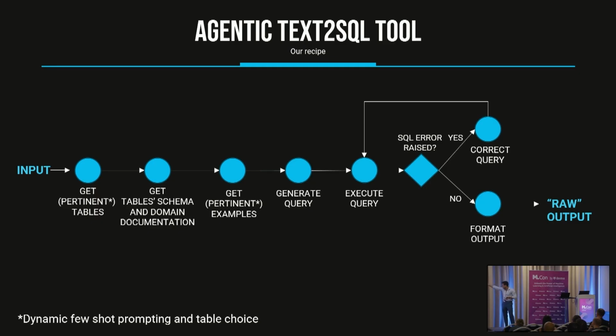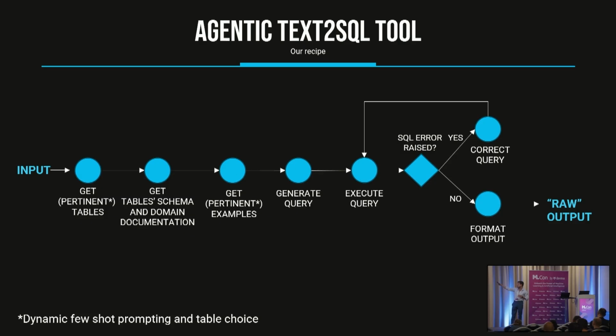And then we ask the model to generate the query. We try to execute the query, of course, low level, no write permissions, if at all possible, given the business use case, just read permissions. We execute the query, and we check, if everything is fine, no errors, we just return the output.